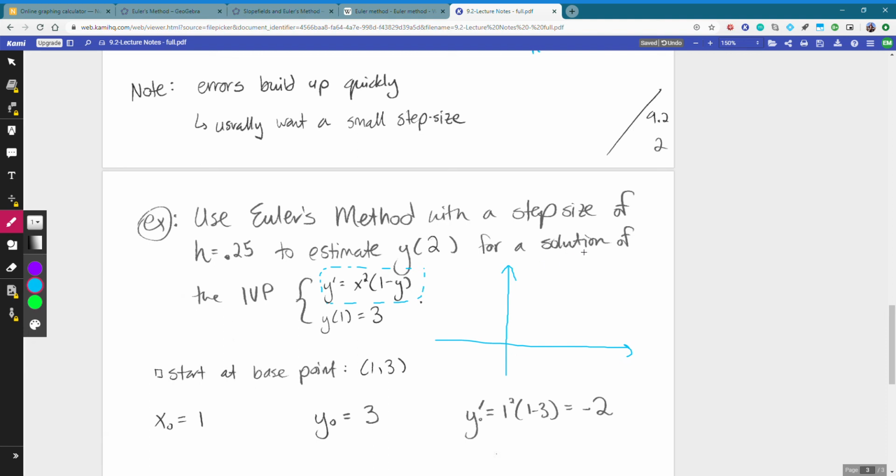And a solution to this initial value problem is a function that satisfies this differential equation and goes through this point. To have y of 1 equals 3 means that our solution curve has to go through the point 1, 3. And so we're starting here. That's our x naught, y naught, 1, 3. That's our base point. And our true solution curve is going to do its thing, and it's going to have some value.